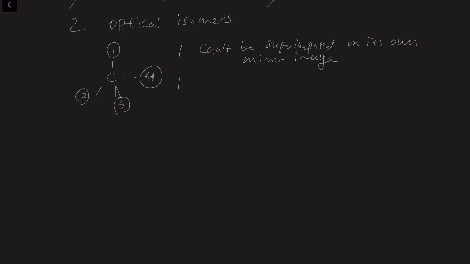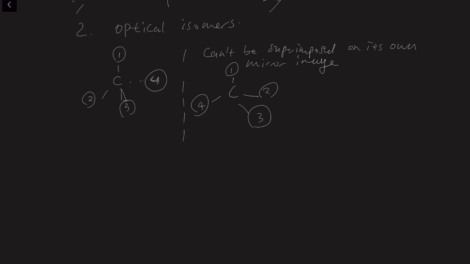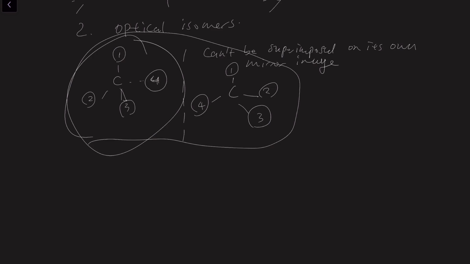So consider those two examples. These two things are mirror image of each other. But if you actually try to rotate, imagining turning the first one to the orientation of the second one, if you turn this 180 degrees, so the 4 becomes here, and then you have 3 at the back, 2 at the front, which is a different arrangement from its mirror image. So the mirror image has 2 at the back and 3 at the front.